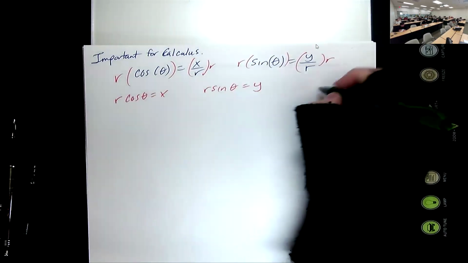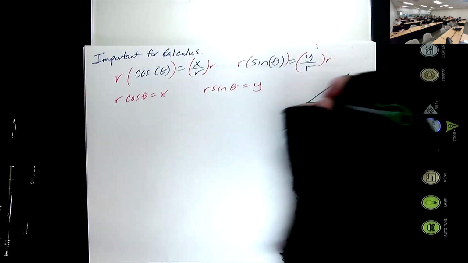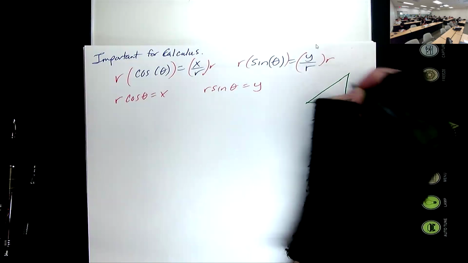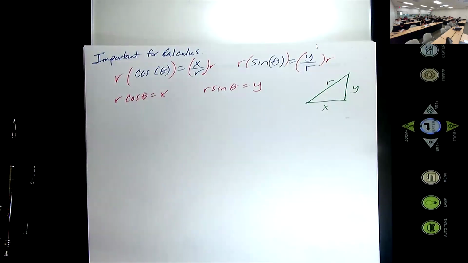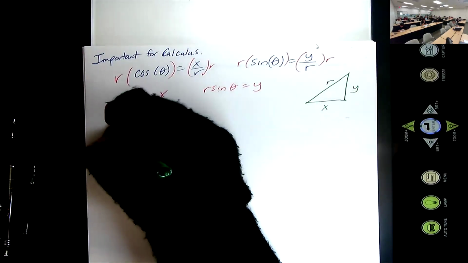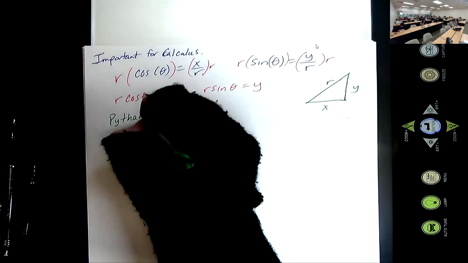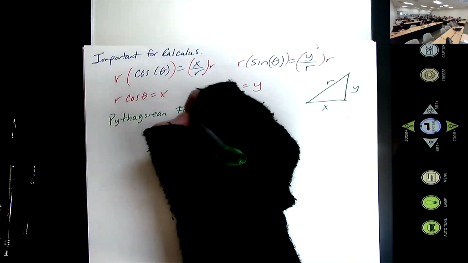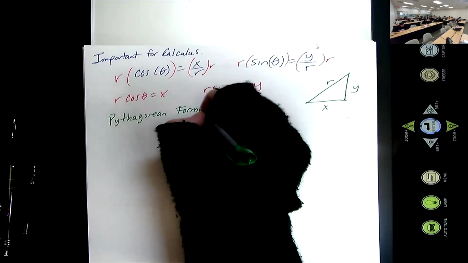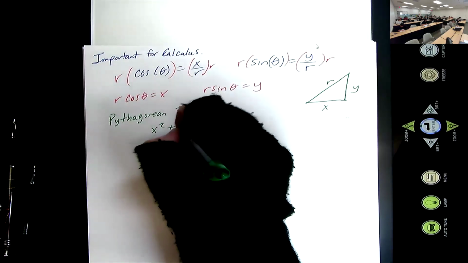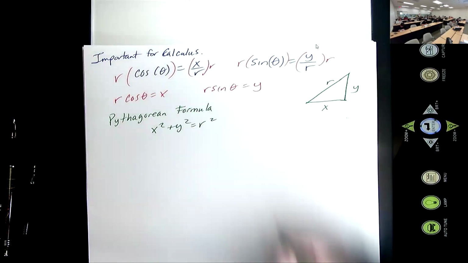If we look at the triangle and we have the x, the y, the r again, we had talked about the Pythagorean formula: x squared plus y squared equals r squared.